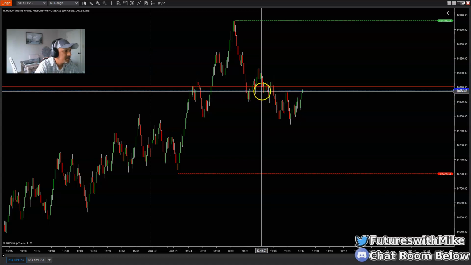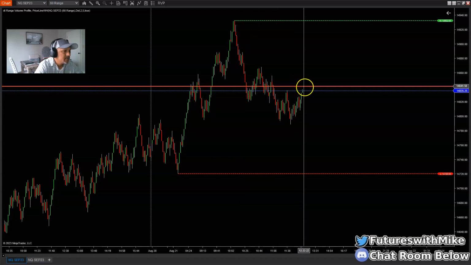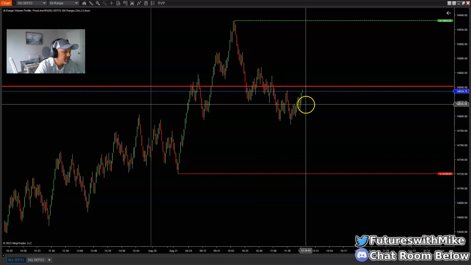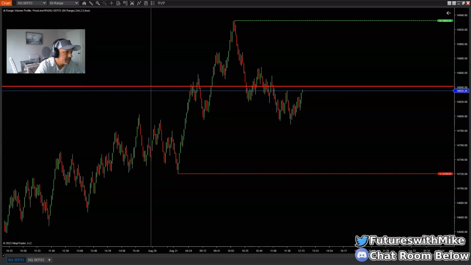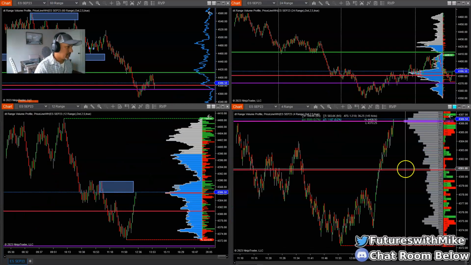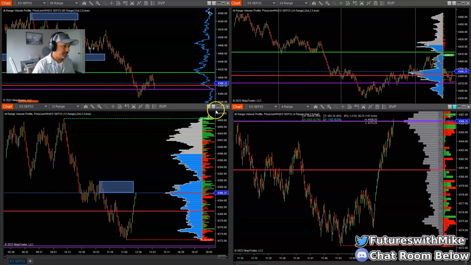Price push down, pull back, broke lower. Okay, so I'm looking at this on the 60 range chart. So let's see if price taps into that zone right now or within the next few moments here. Okay, so we're getting a bit of rejection here. Okay, so I'm looking back over here at my ES chart now.